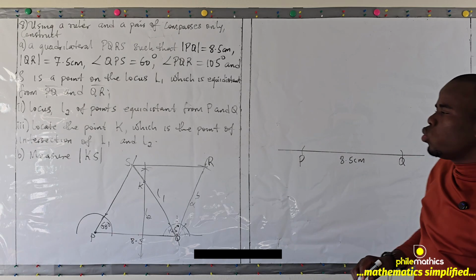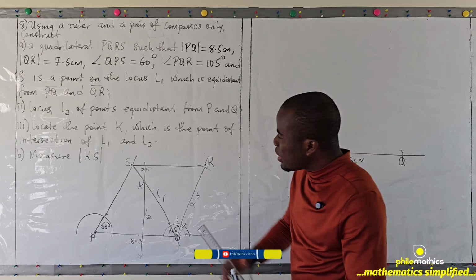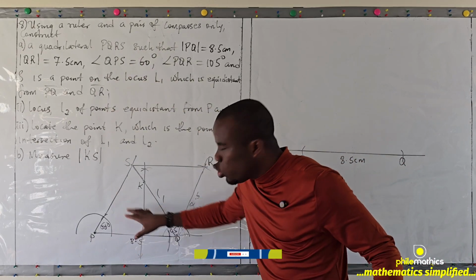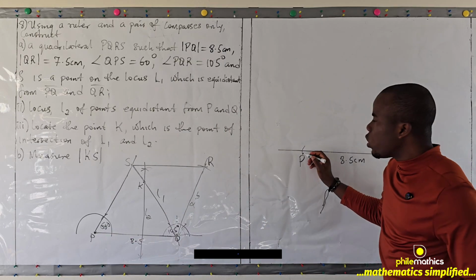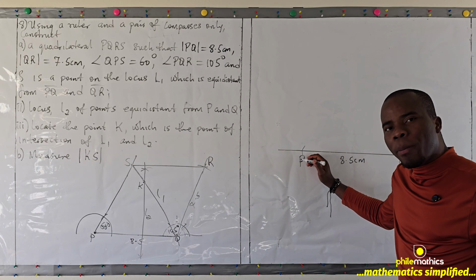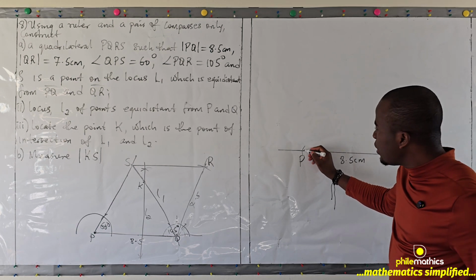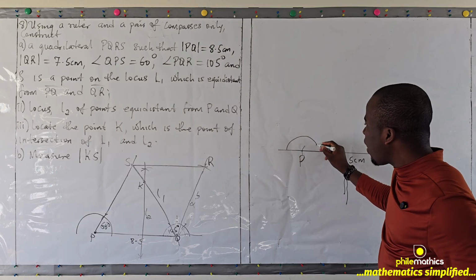So the next thing you want to do is, now that you have gotten the sketch, you don't have to be looking at the problem again. So with this, you know what you are doing. How do we construct 60? To construct 60 simply means take your pair of compass, take any suitable radius that you want, and then put the pin here and draw an arc.